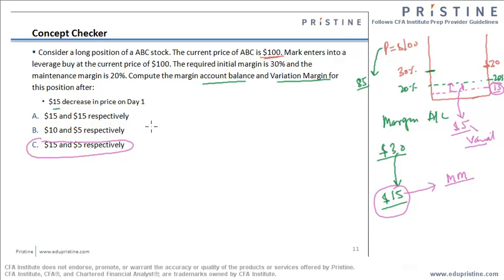So I hope you have got this concept. Whenever you get this kind of problem, always make a bucket, start with the initial margin, find the maintenance levels, and using the price information given on the following days, calculate the decrease in the margin account, and this will help you in finding the variation margins and the margin accounts.